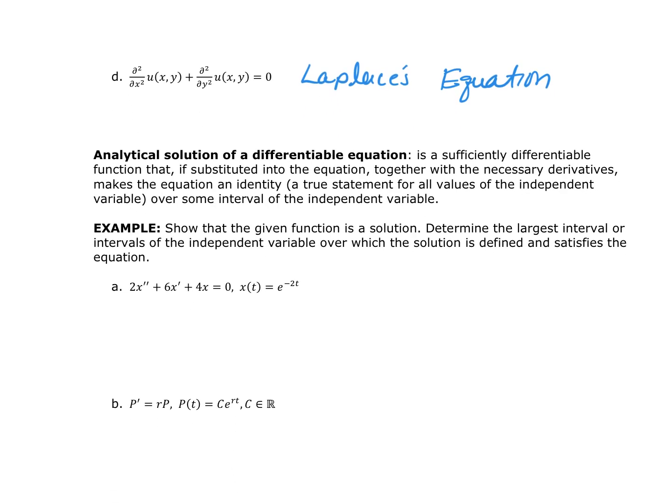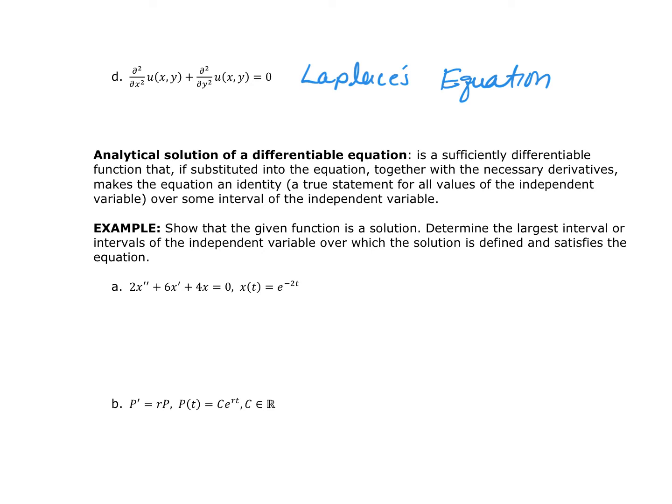When we are looking at solutions of differential equations, it is sufficient to be able to differentiate the function, and if that is substituted into the equation, together with the necessary derivatives, we will get an identity, a true statement. This makes it true.